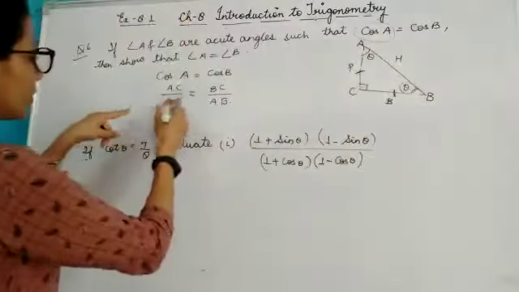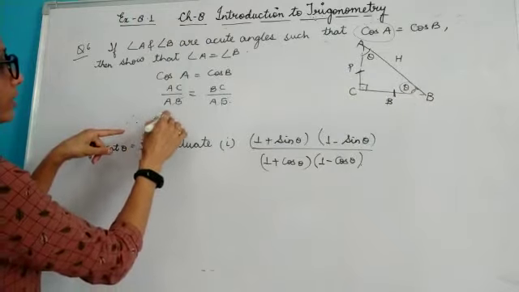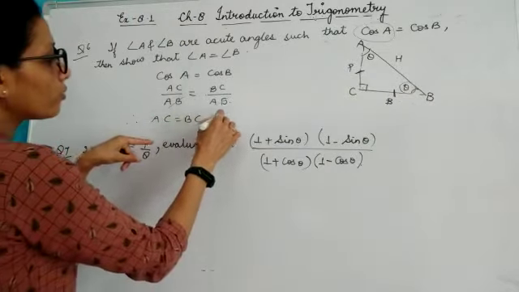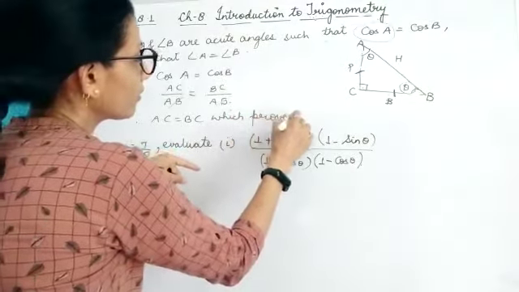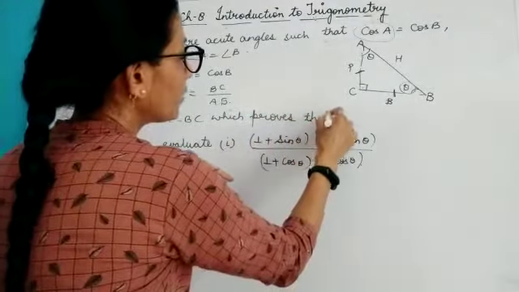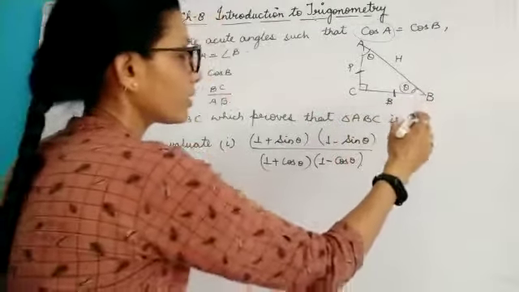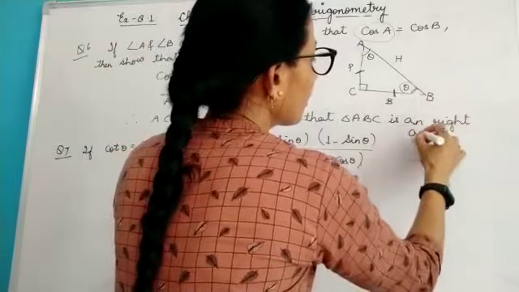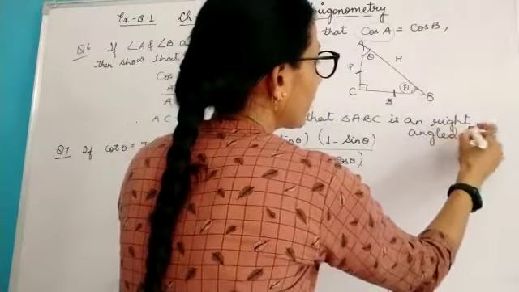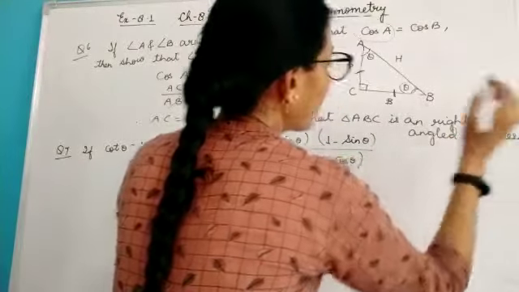That means here I can say AC equal to BC, which proves that triangle ABC is a right angled isosceles triangle.